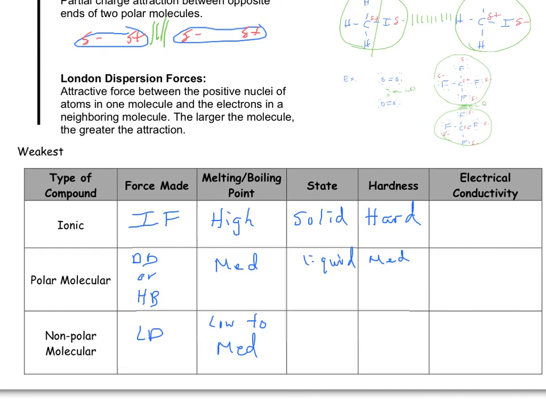Also, depending on the size of the compound, nonpolar molecular compounds can be solids if they're really big, they could be liquids if they're medium size, or they can be gases if they're really tiny. In the solid state, nonpolar molecular compounds are very soft.